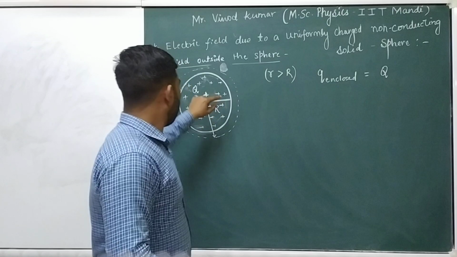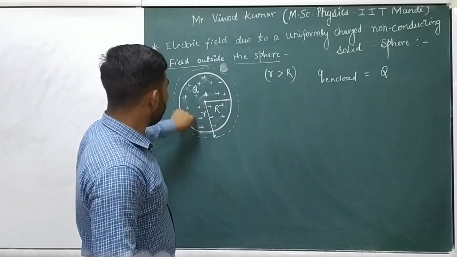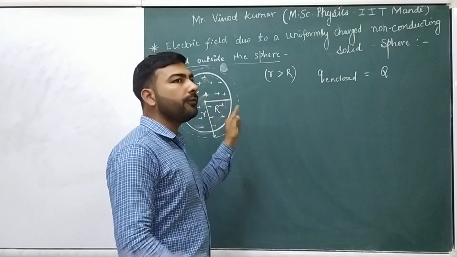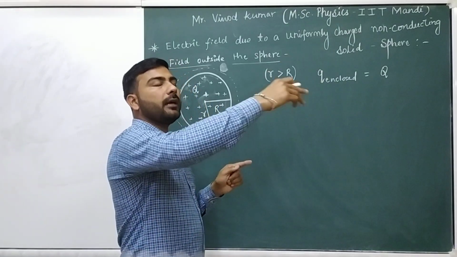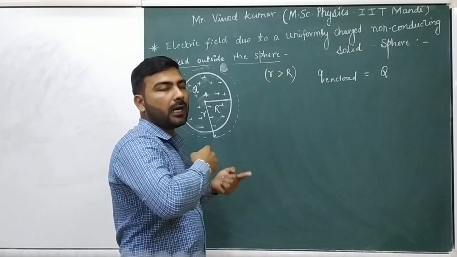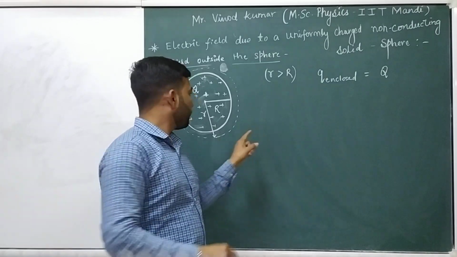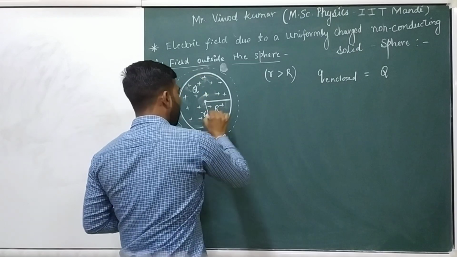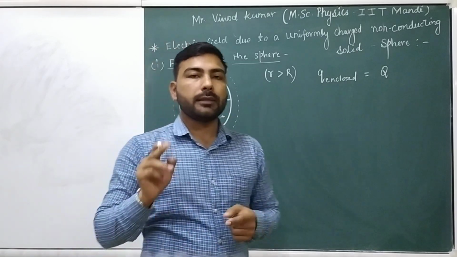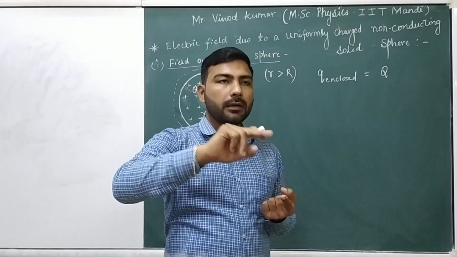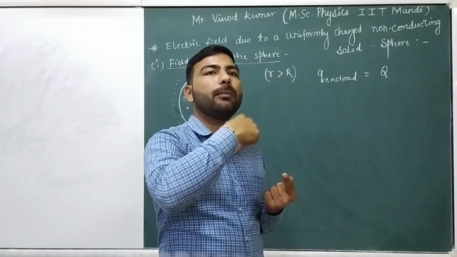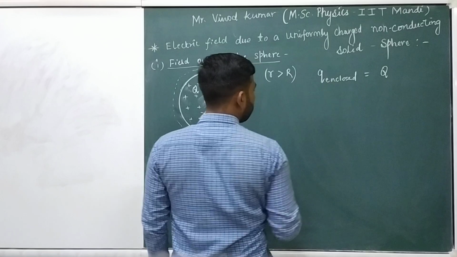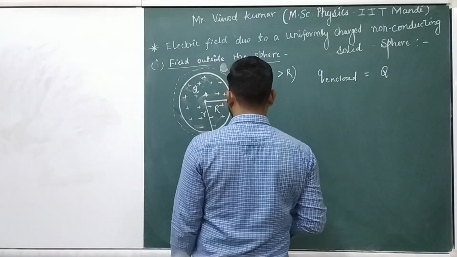So for the given solid sphere, which is positively charged, the electric field will point radially outward from each point, along the radius of the sphere.